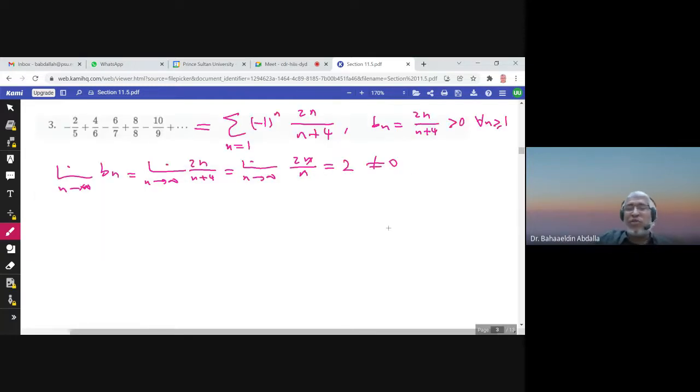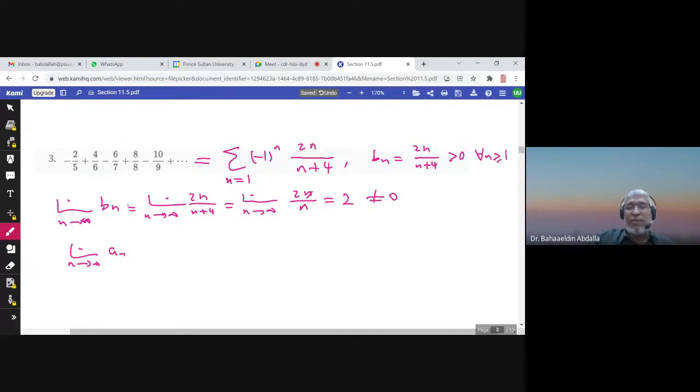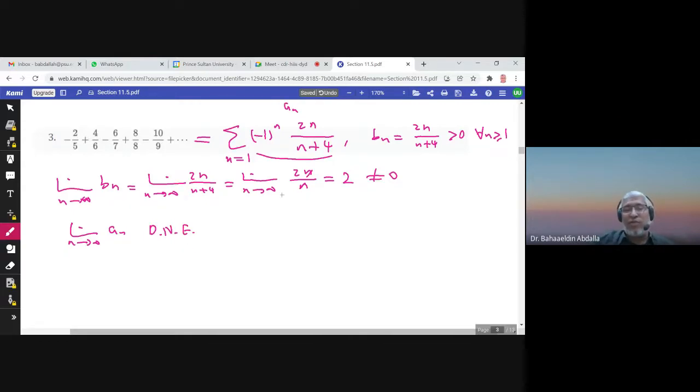You remember what happens when the limit of Bn in an alternating series is not 0. Immediately we say that the limit of An does not exist because it would be plus or minus 2. So by the test for divergence, summation An diverges.